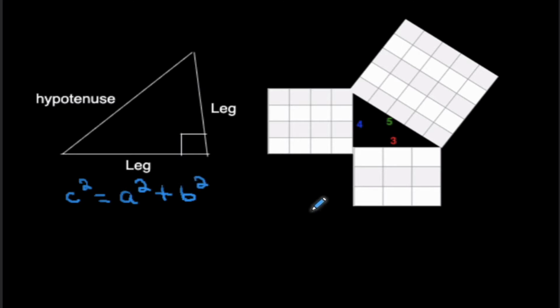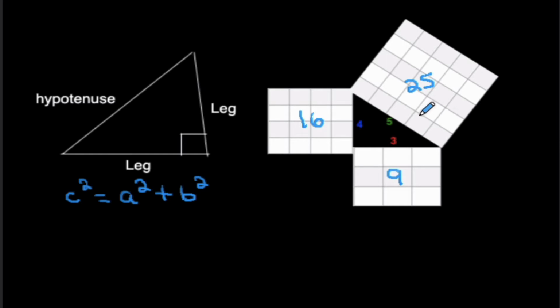Okay, and so if you take a look here at the figure of the Pythagorean theorem, we have the area of the square on the hypotenuse, which is equal to 25. And that's because 3 squared is 9 and 4 squared is 16. So as you can see, 25 is equal to 16 plus 9.